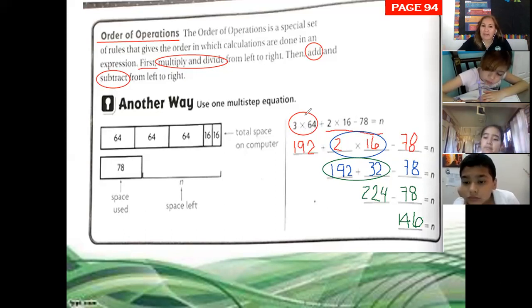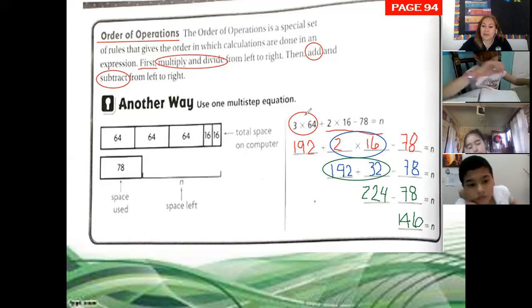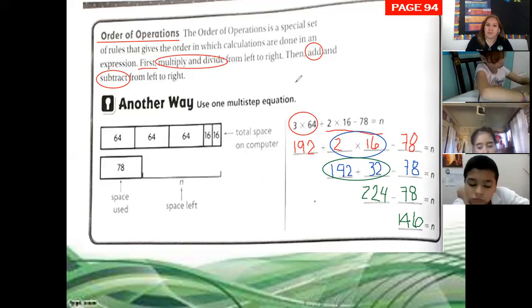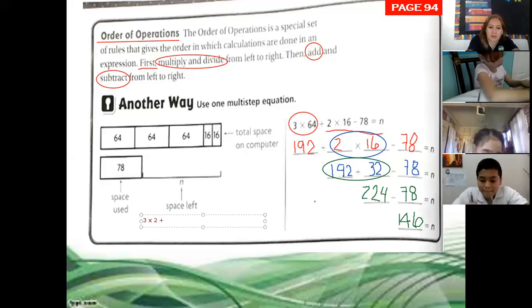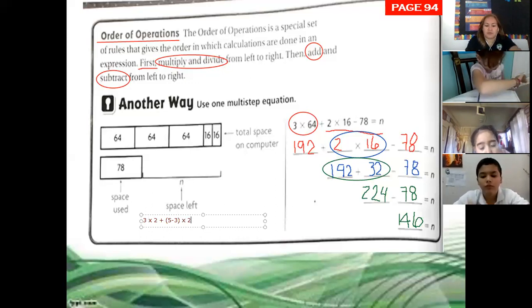Cuando tenemos paréntesis, se hace primero el paréntesis. I'm going to give you an example. Imagine that I have 3 times 2 plus paréntesis. So I open paréntesis. 5 menos 3, minus, 5 minus 3 times 2.